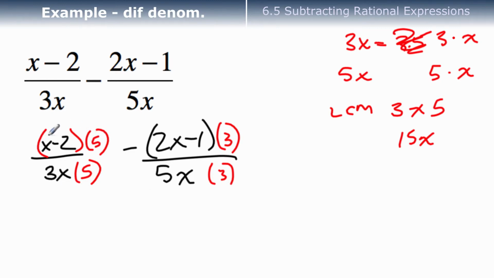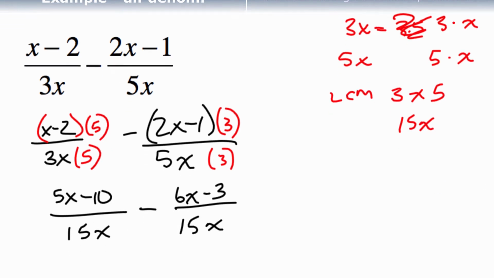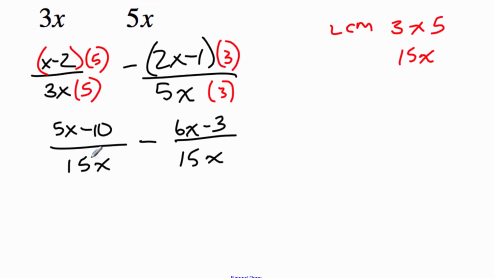Now here's where it gets fun. On the top, this first one, well, yeah, let's FOIL that through. So that would be 5x minus 10 all over 15x minus, let's do the same thing here, this would be 15x, but let's multiply that 3 through, so it would be 6x minus 3. Now we'll do the exact same thing that I did on the other page.